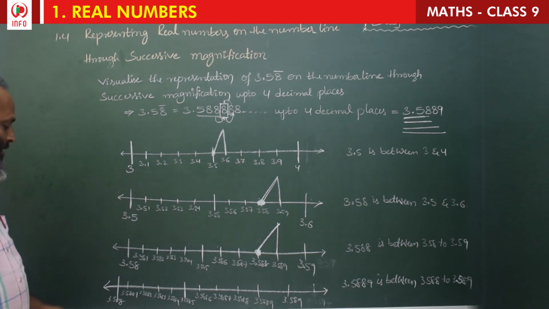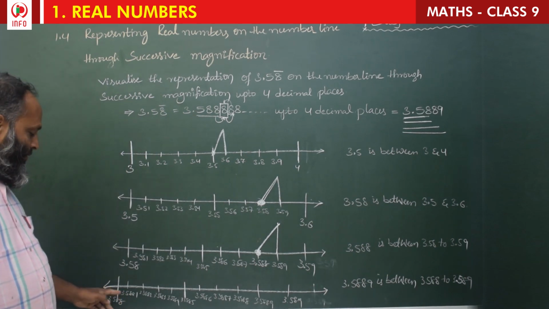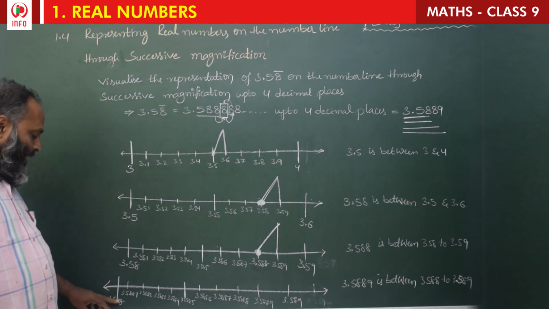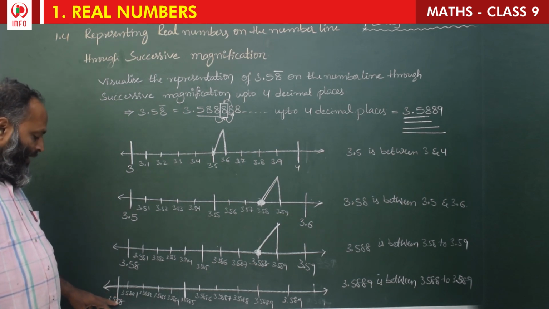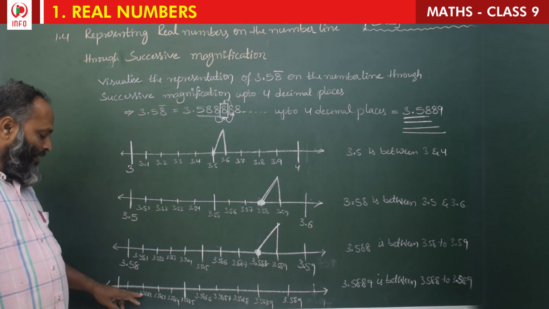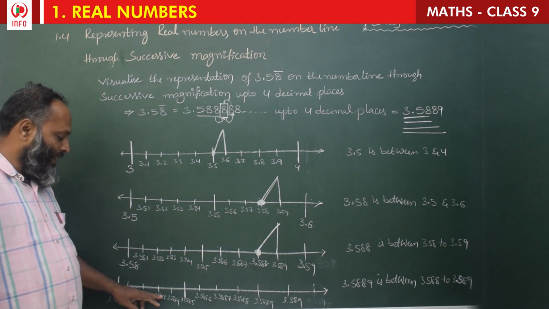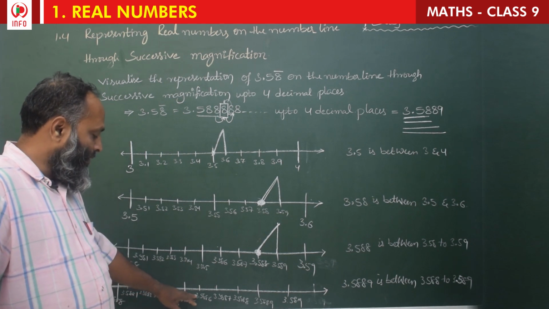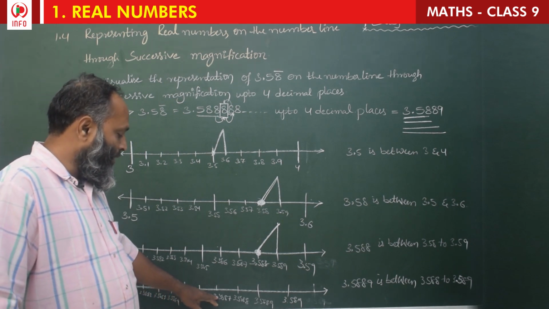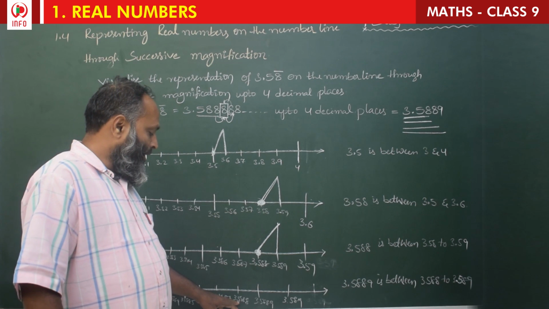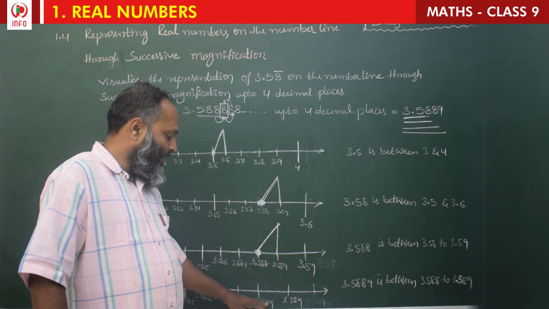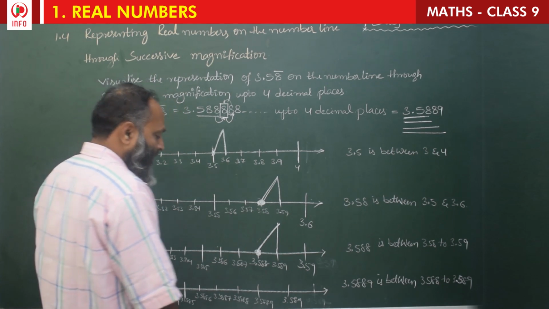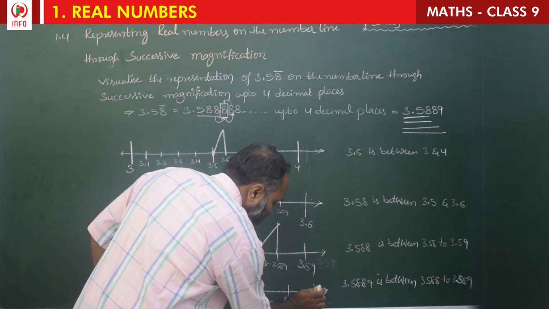Actually, we don't read it like that, 5881, that is not the actual method. So 3.588, 3.5881, 3.5882, 3.5883, 3.5884, 3.5885, 3.5886, 3.5887, 3.5888, 3.5889, then 3.589, 3.59 here.